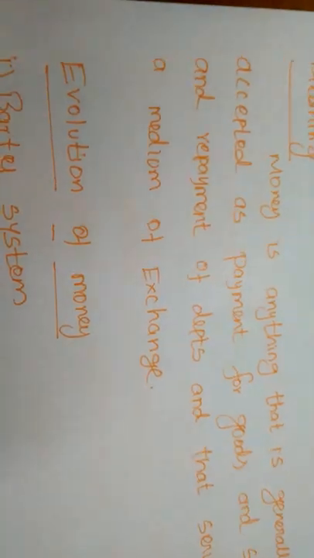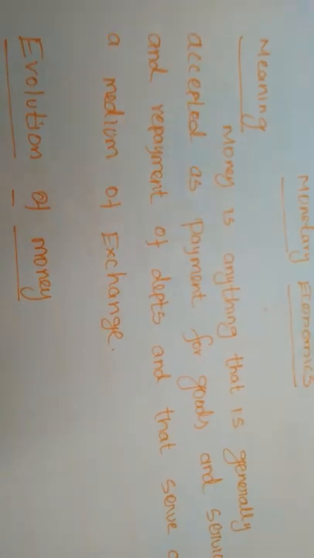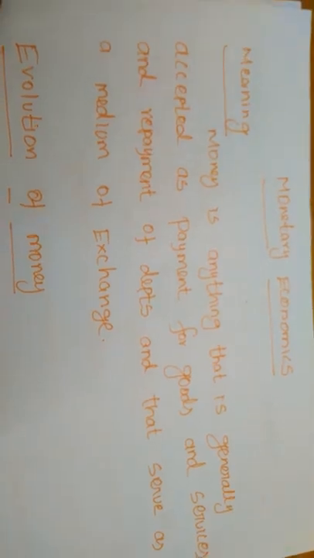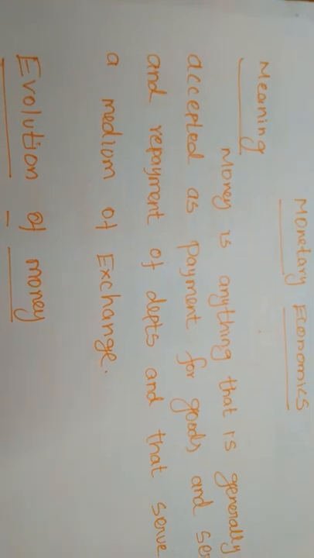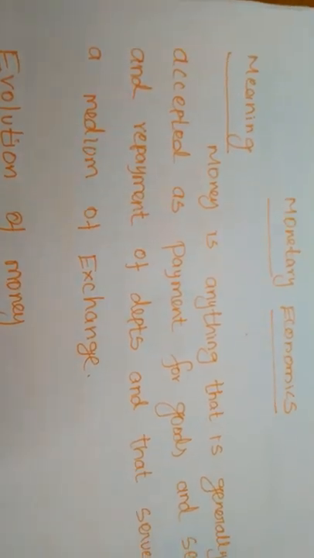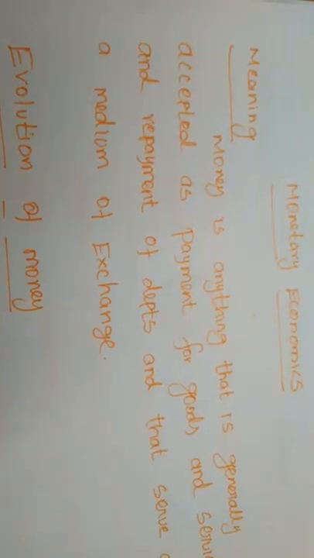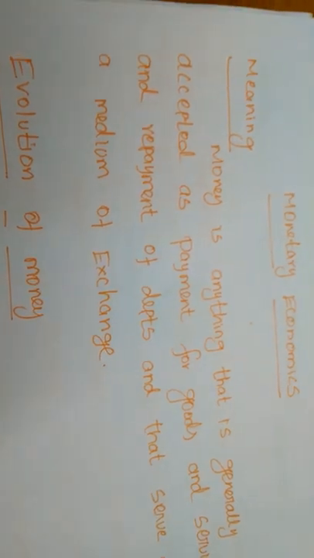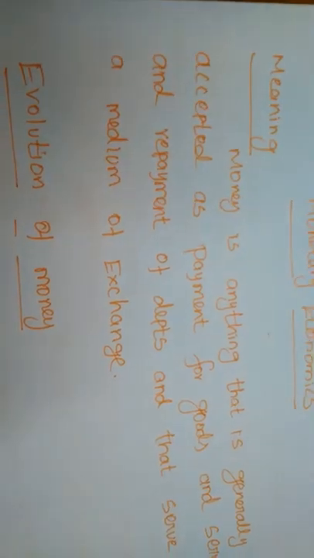Next, the store of value. Store of value means we store something in our account, our home, our locker or provided by the bank. How can we store value? Say you have one big building, 1,000 cows, camels and elephants. When you sell all the cows and camels, you get some amount. That value you can store in your locker, your home or your bank account.